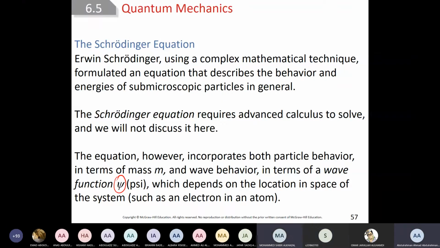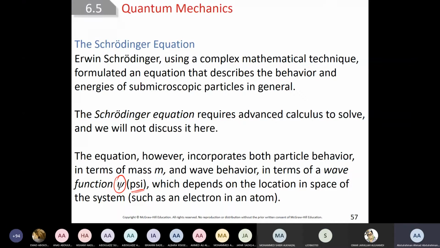Psi. You have to memorize this is the way you write it, but you say psi. Again, what does the psi represent? It represents the electron.